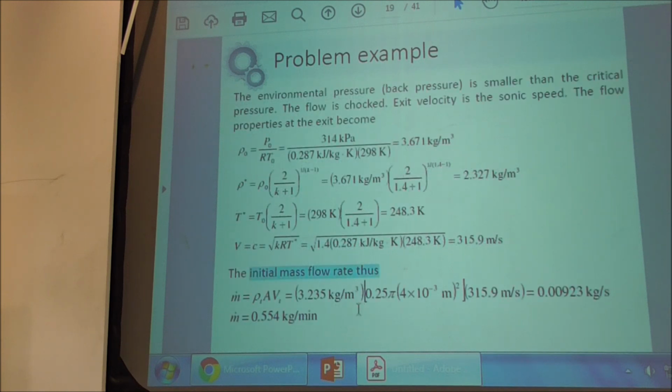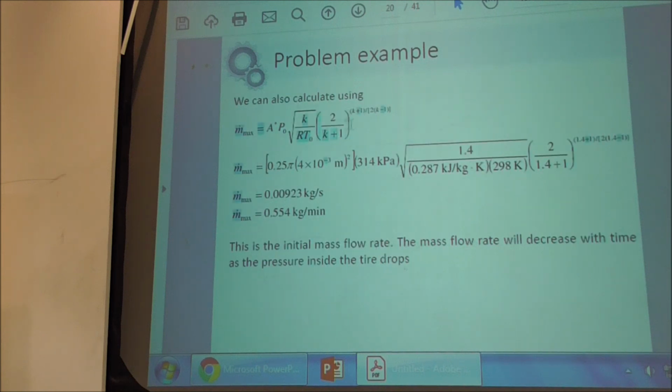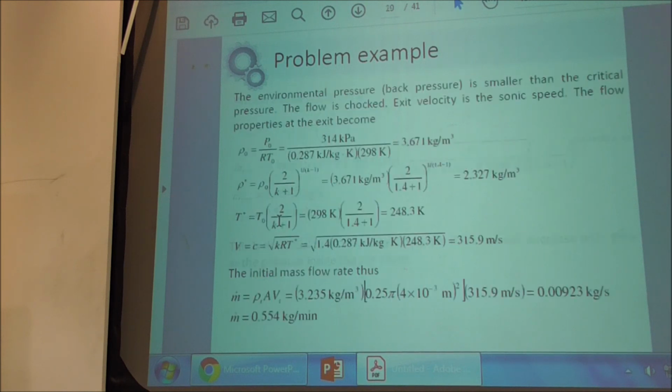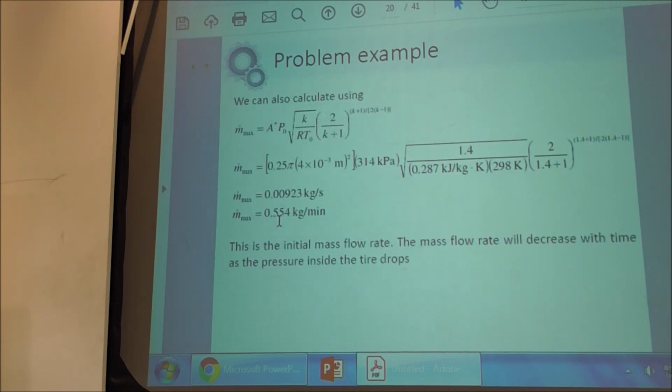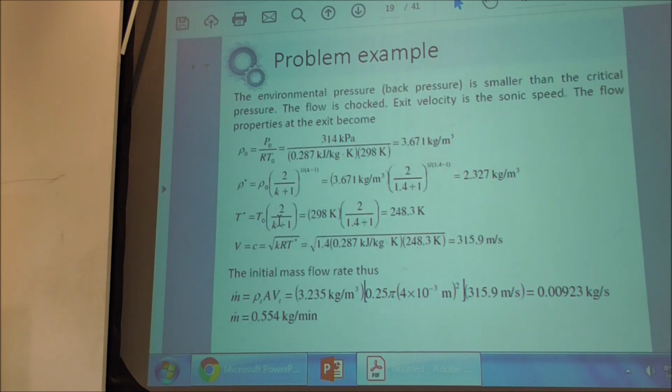Now if you compare using rho AV and using this, you combine everything, you can see that the result is exactly the same. But I have to highlight here that sometimes you may get slightly different results. Why? Because when you do this, you do it one by one.